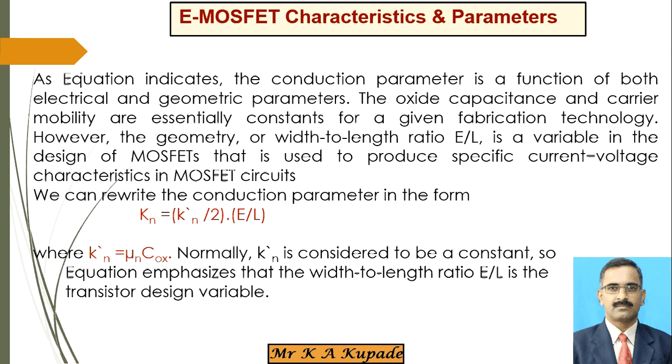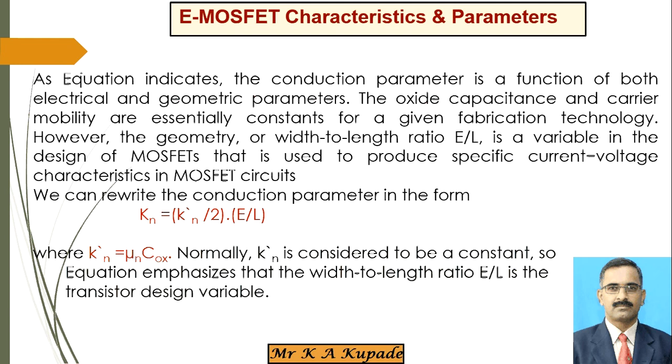So by using that, K dash n is equal to mu n COX, which is considered to be a constant. The equation emphasizes that the width to length ratio is the transistor design variable.